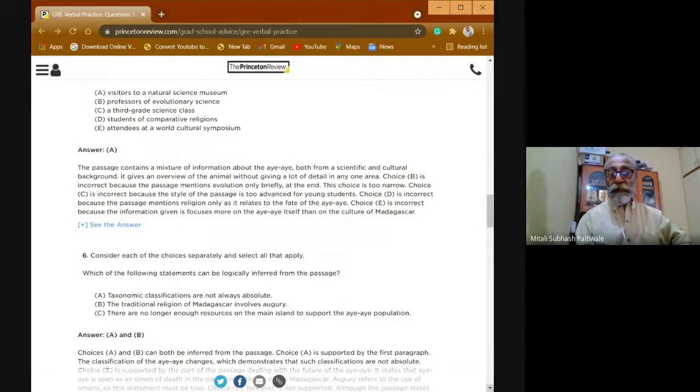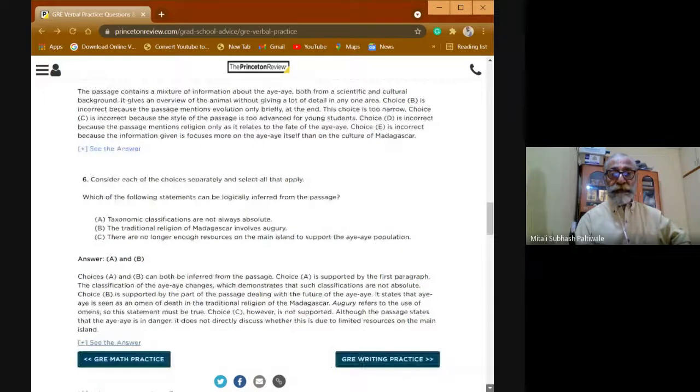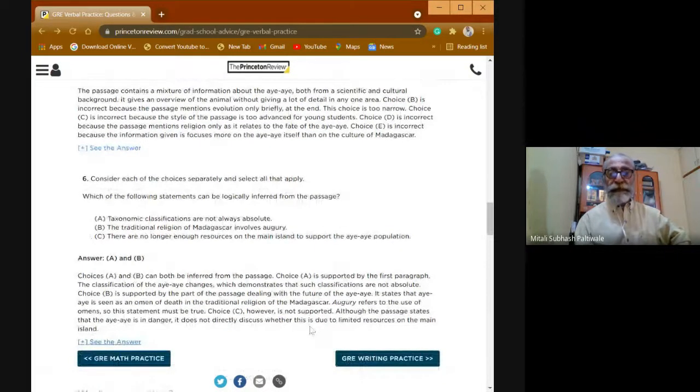So when we understand the passages, we can say that, right? What could be the answer? A and B can be inferred from the passages. Supported by the first paragraph, the classification of the animal changes, which demonstrates that such classifications are not absolute.